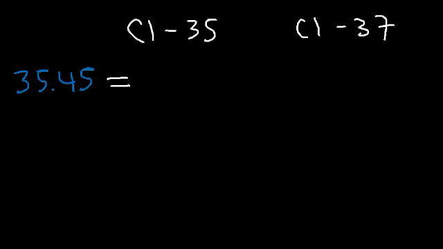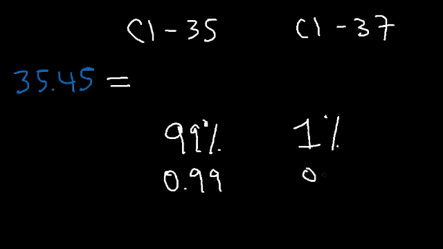So how can we calculate the percentage for each? Now, if you remember in the example of carbon, 99% was carbon 12, 1% was carbon 13. But these two numbers have to add up to 100. 99% is 0.99, 1% is 0.01. So let's say if 0.99 was x, that means that 1 minus x is 0.01. 1 minus 0.99 is 0.01.